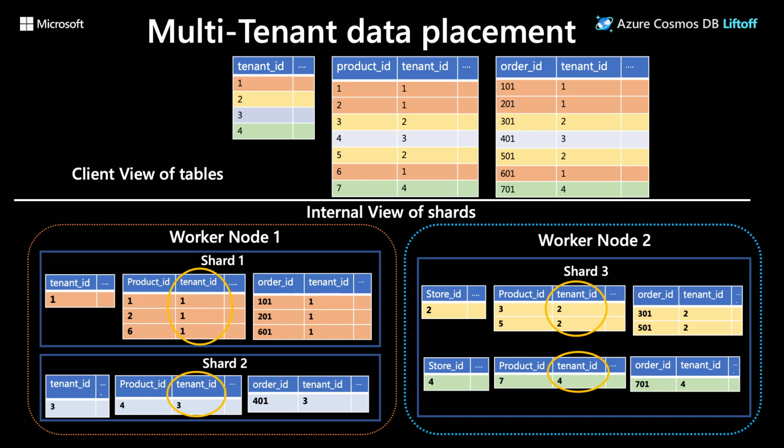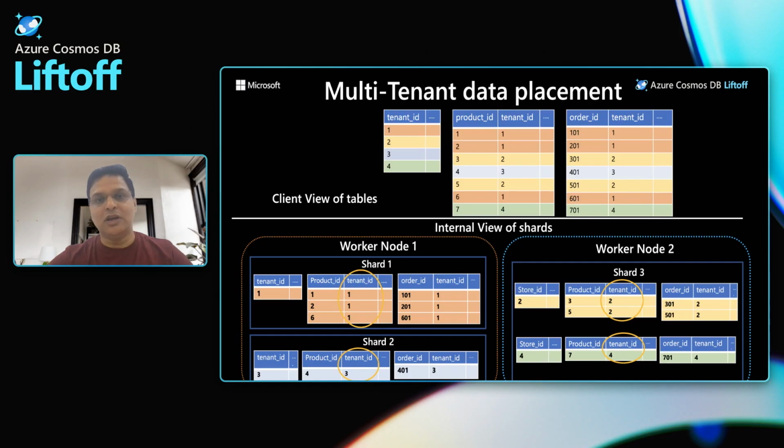Important thing to observe here is that we are keeping the related tenant data across the tables persisted together on a same node, which helps in avoiding cross-node queries and brings efficiency in terms of utilization of resources as well as in terms of performance. So let us understand this through a demo.